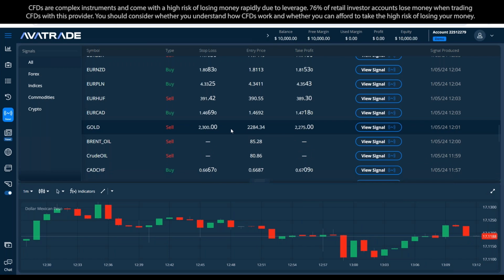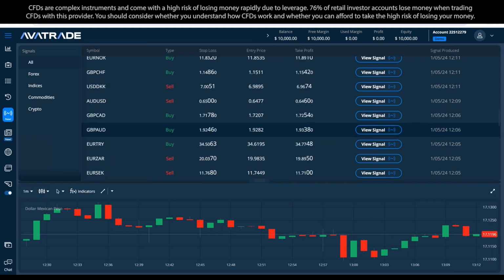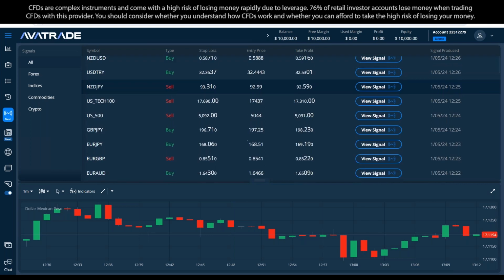Well, it seems like they're all still. Oh, there we go. You see, if I'm looking at a signal that was produced a while ago, as comparison to obviously those signals, you see it's a linear timeline.